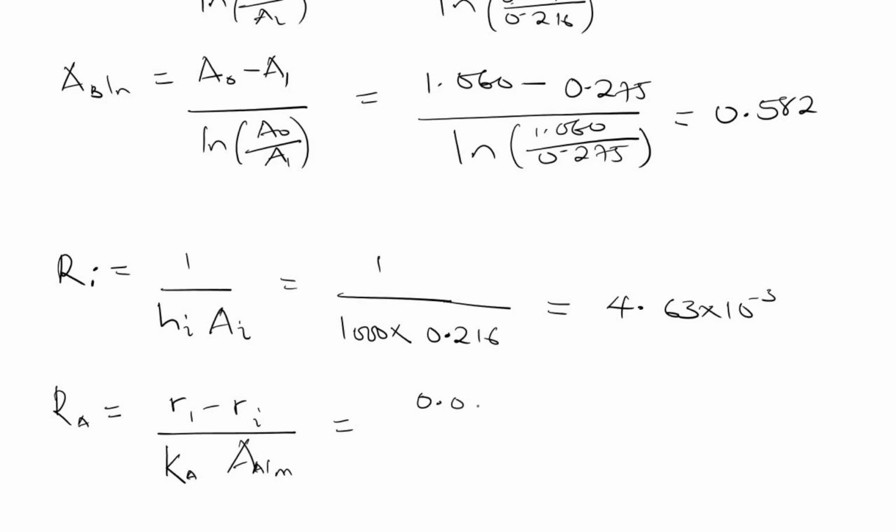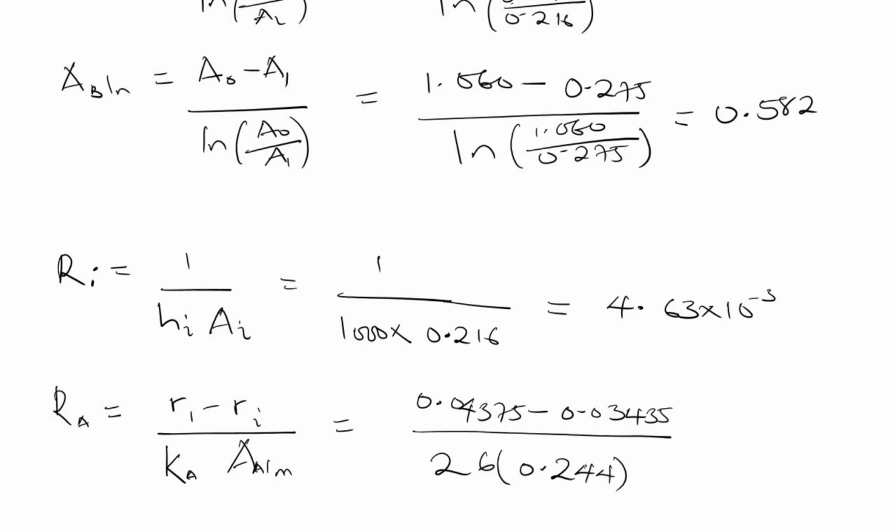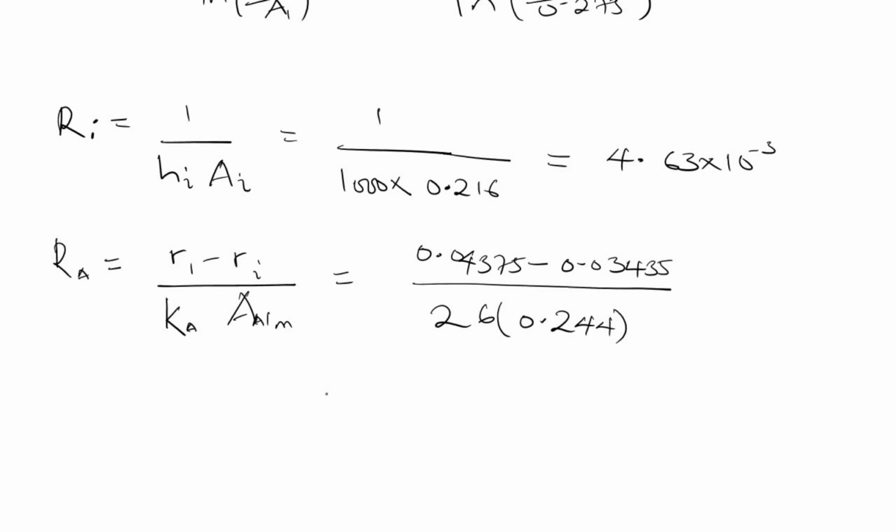I just divide 0.04375 minus 0.03435, divided by Ka, the thermal conductivity of A, given in the question as 26. Then this log mean area we've just calculated, 0.244. If you compute this correctly in your calculator, you're going to have 1.482 times 10 to the power of minus 3.